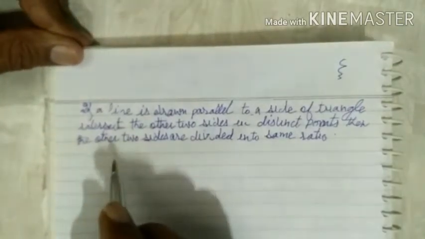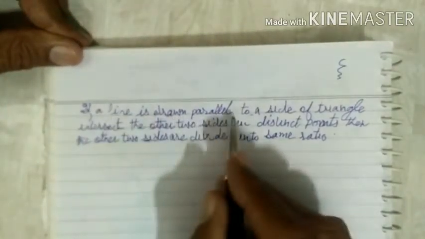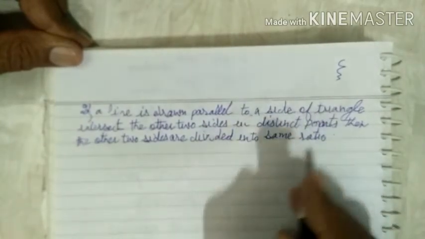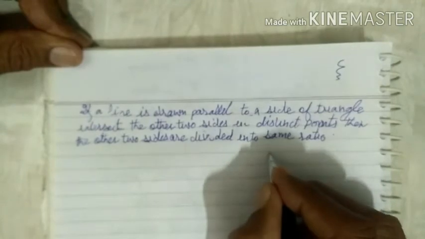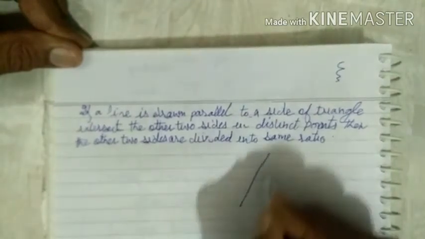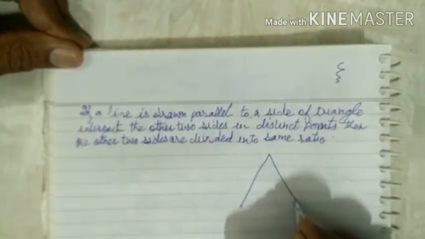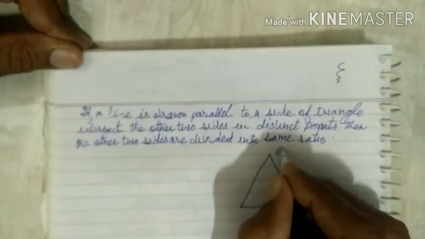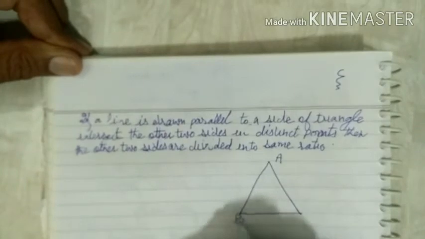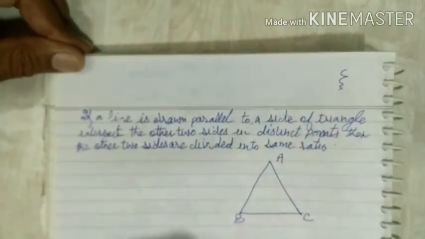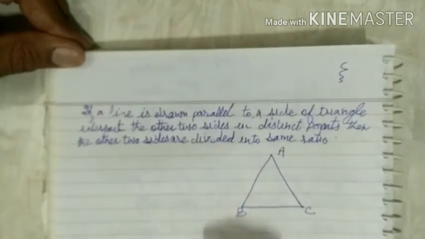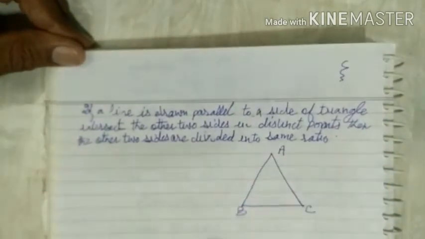It means we have given a triangle. First of all, we will draw a triangle, that is A, B and C. The name of this triangle is ABC.